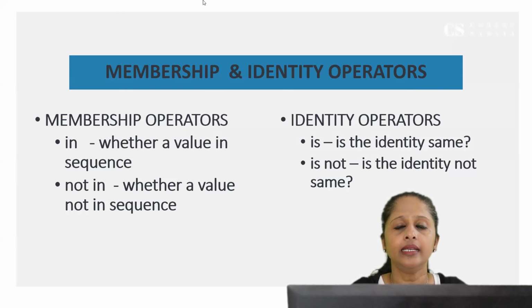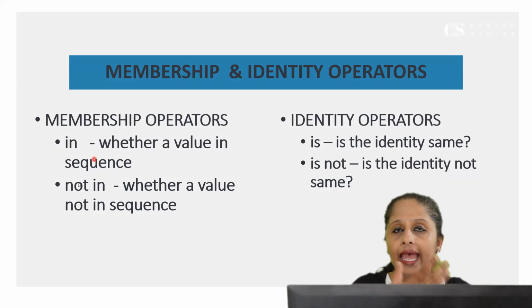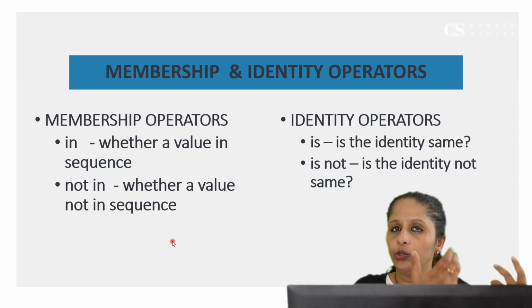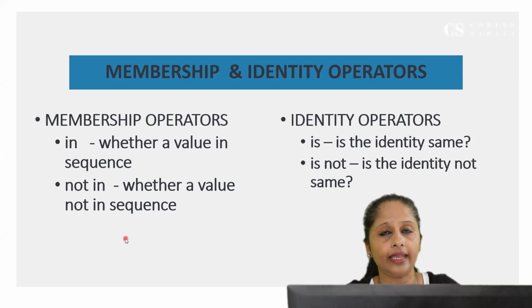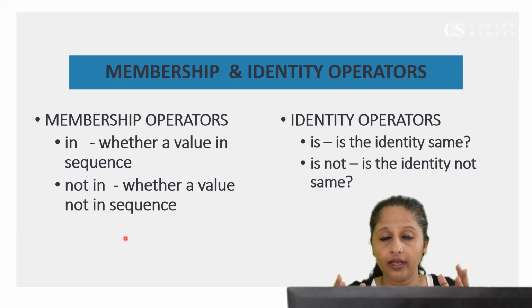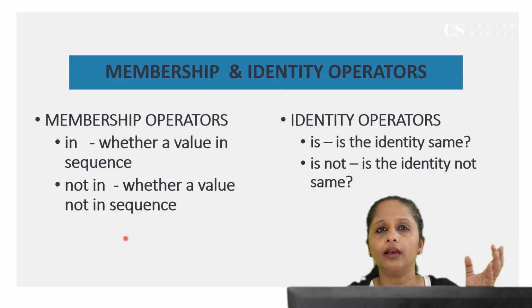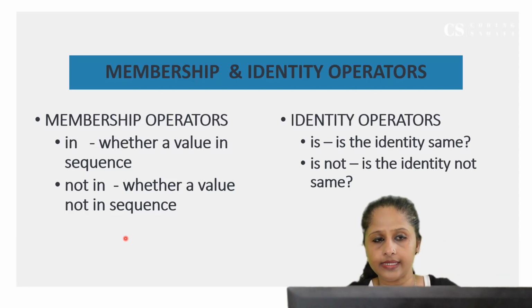So in means, suppose you have a group of data, and you want to check whether one value is present in it or not. You studied the collection literals like list, tuple, dictionary, set and all. Normally we use in and not in with sequences like our list, tuple, dictionary and set.